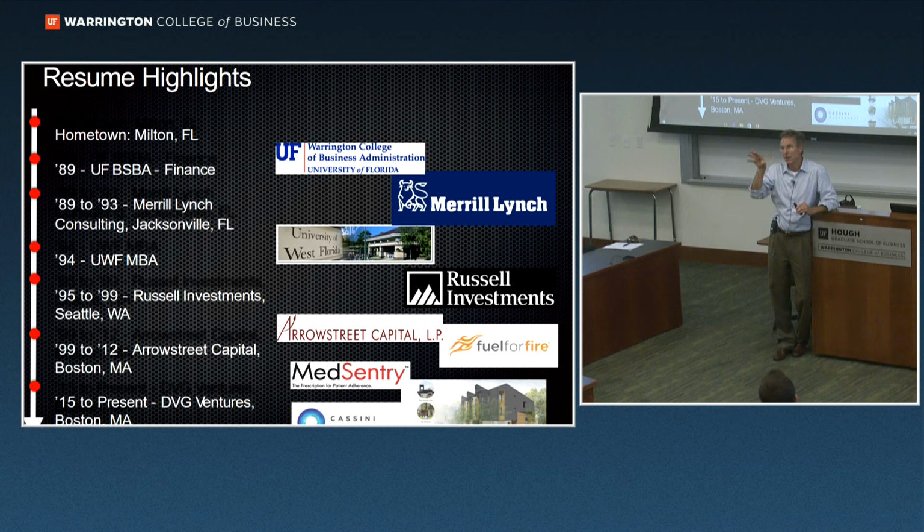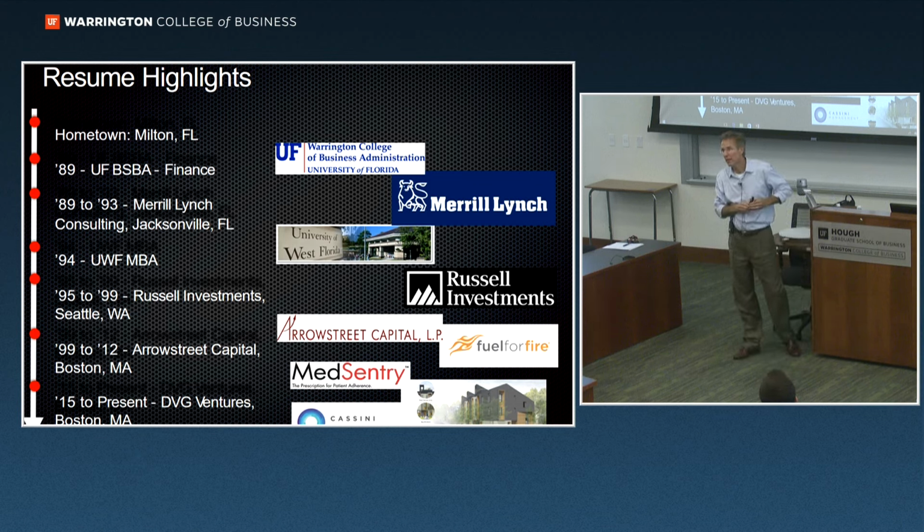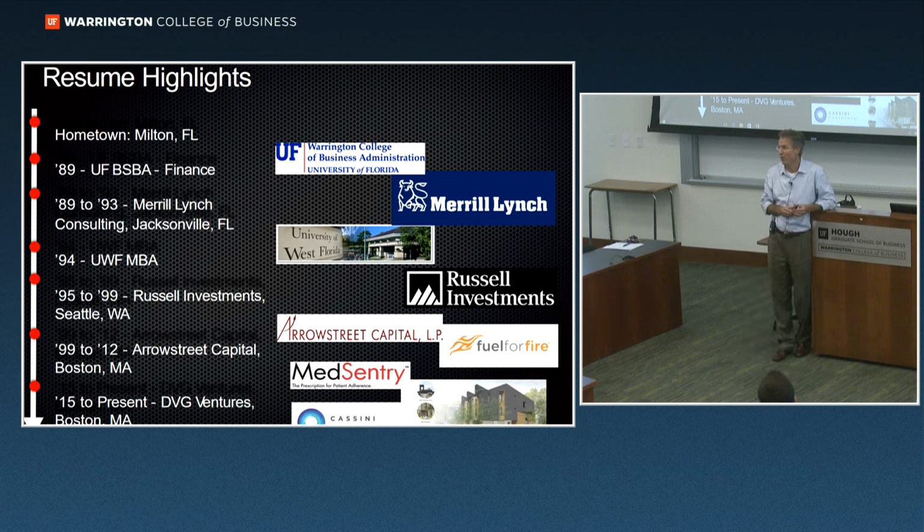And one of the more interesting ones I'm involved with there, I'll touch on it here briefly, is called Cassini Capital Management. It's a small investment team out of Tallahassee, Florida, of all places. One of my partners there is actually an FSU grad, so that always makes for some interesting conversations.